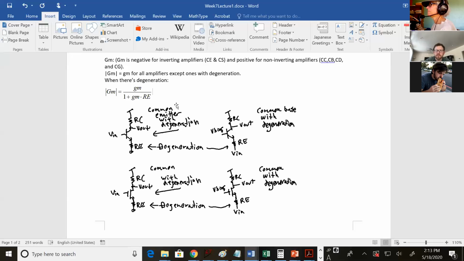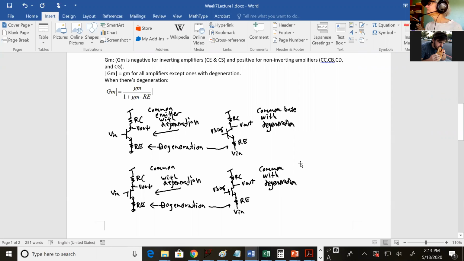If it's a common base, then there's no minus sign in front. So the 2 amplifiers on the left, common emitter and common source, are inverting, so you need a minus sign. The common base and the common gate aren't inverting, so you wouldn't need a minus sign. And I posted that up on week 7. That's just an updated version of the week 5 handout.